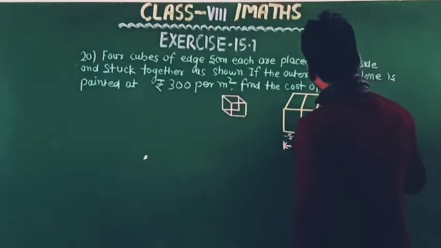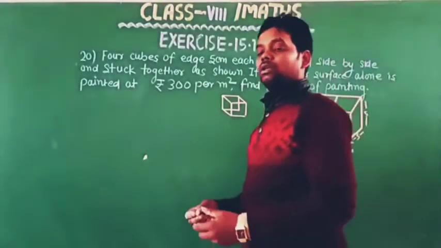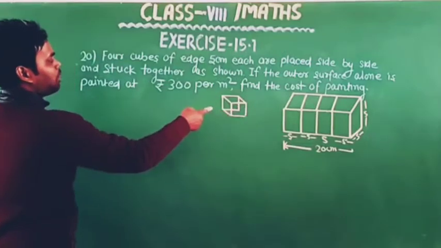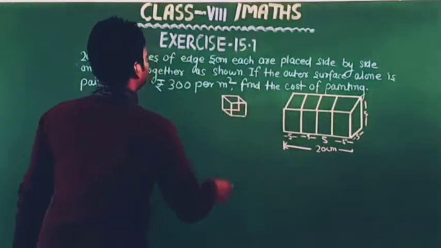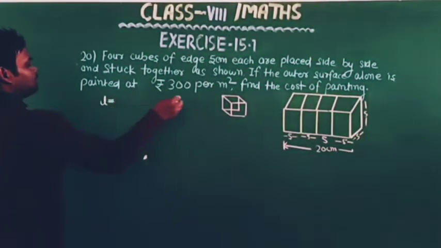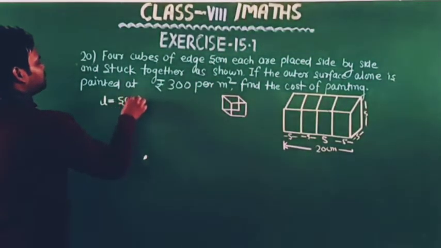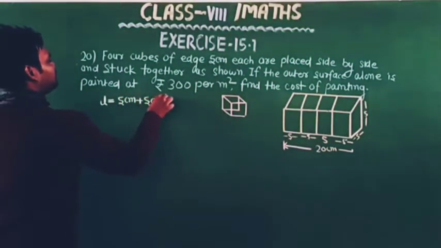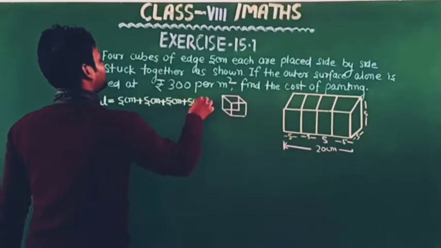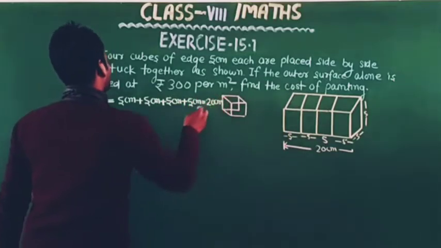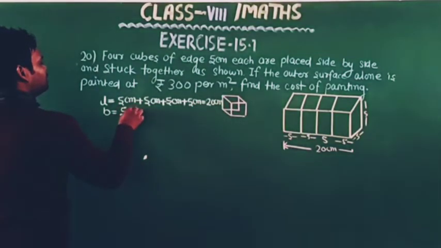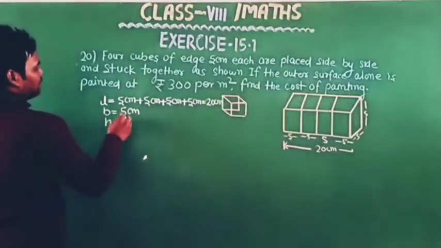Its breadth and height remain the same. The length of the figure formed by joining cubes of 5 centimeter side by side is 5 plus 5 plus 5 plus 5 equal to 20 centimeter, and breadth is the same as 5 centimeter and height is also the same.